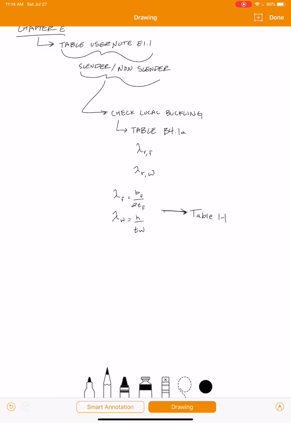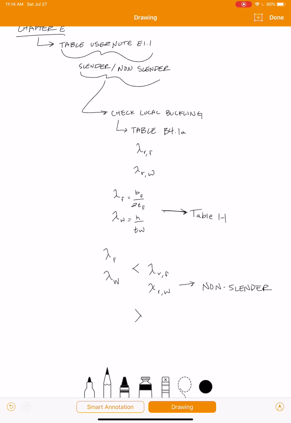Now, if your lambda f or lambda w are less than lambda r f or lambda r w, then you have a non-slender section.